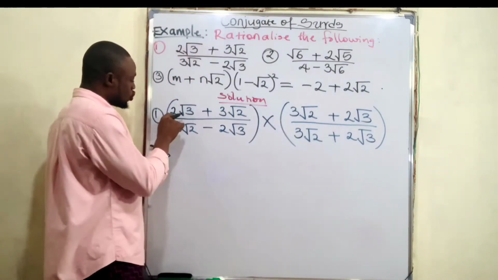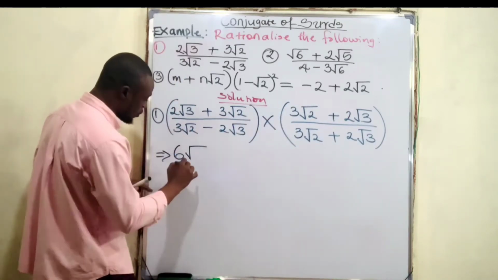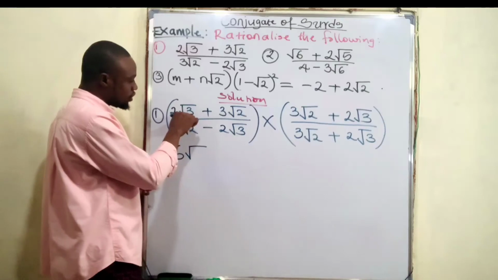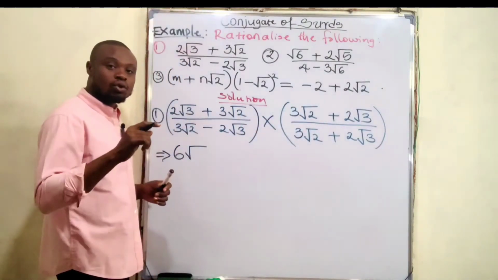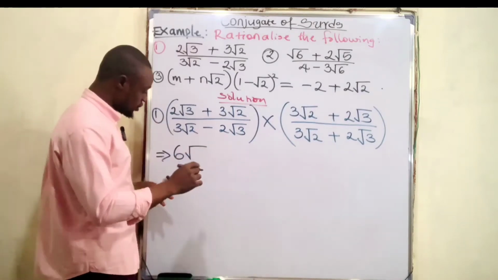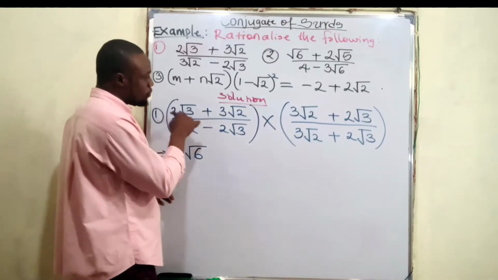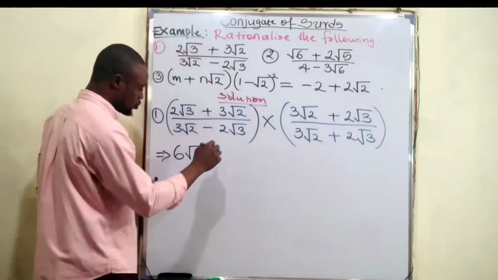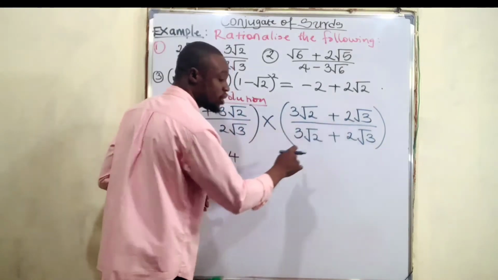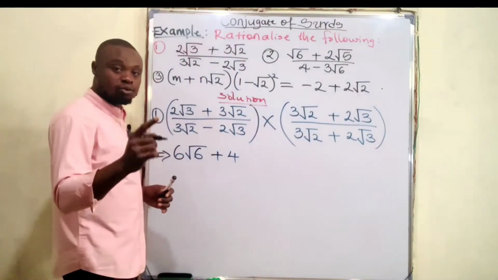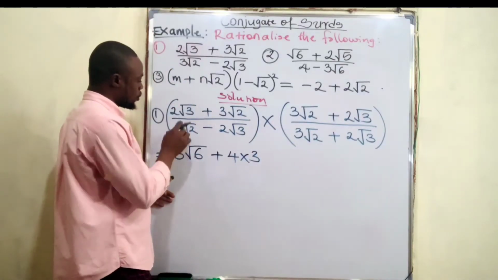First of all, 2 multiplied by 3 is 6. So I'll put that in bracket and write my roots. Now root 3 multiplied by root 2 is equal to root 6. So we have 6 root 6. Also 2 multiplied by 2 is 4. Root 3 multiplied by root 3 is root 9, and root 9 is 3. So this is multiplied by 3.